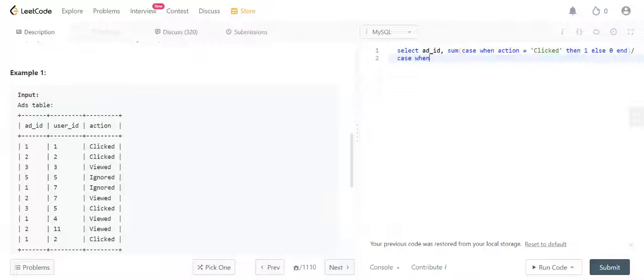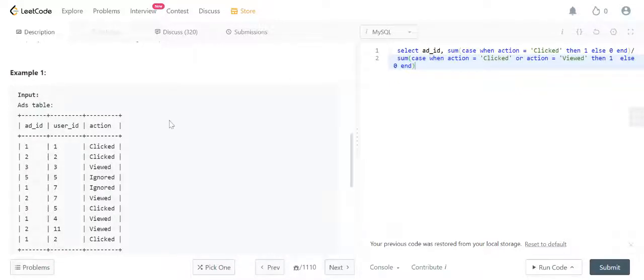Then just divide it by a case when action is equal to clicked or action is equal to viewed, then one, else zero. Just do a sum here as well.